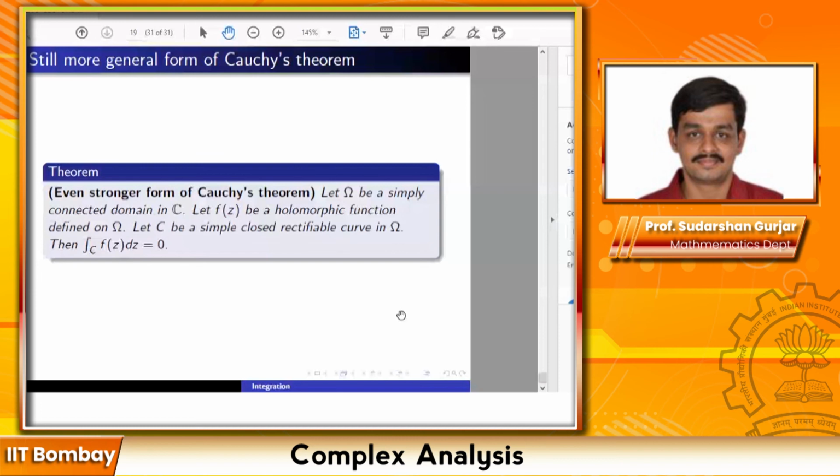Sir, how can we prove this stronger form? Well, we can't apply Green's theorem here, right? No, you cannot. So you have to work more.